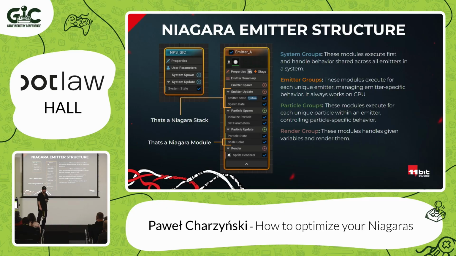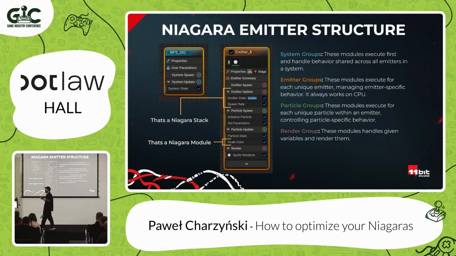We have a particle group, and these modules execute for each unique particle within an emitter. So if we're spawning 100 particles, for example, we can manage them, change them over time or something like that. And the last thing is a render group. These modules handle the variables that we gave across the whole emitter, and we render those variables in some way.